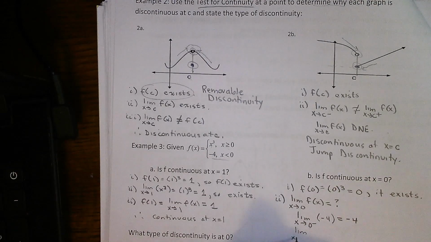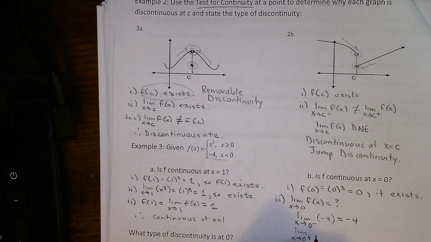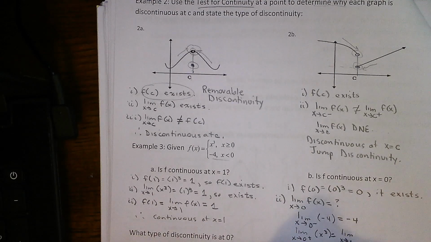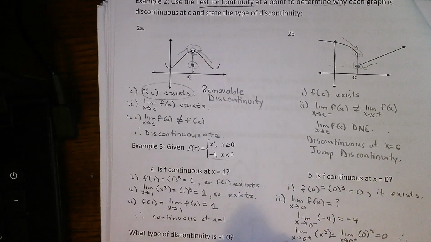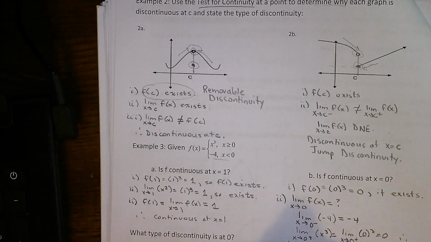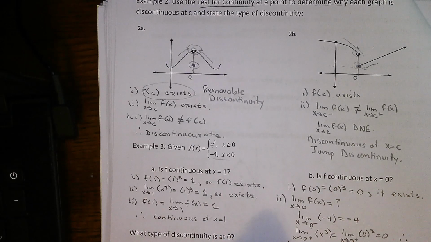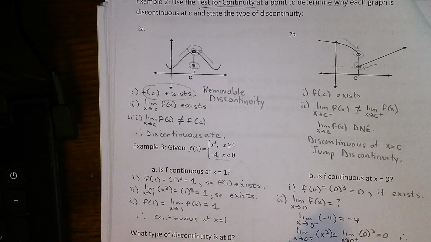But the limit as x approaches 0 from the right, well, when x is greater than or equal to 0, you're supposed to use that top equation. And that's the limit as x approaches 0 from the right of 0 cubed, which is 0. Therefore, this limit as x approaches 0 of f of x does not exist. And so, this is discontinuous at x equals 0.